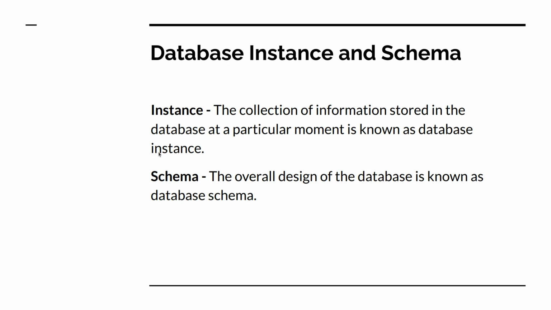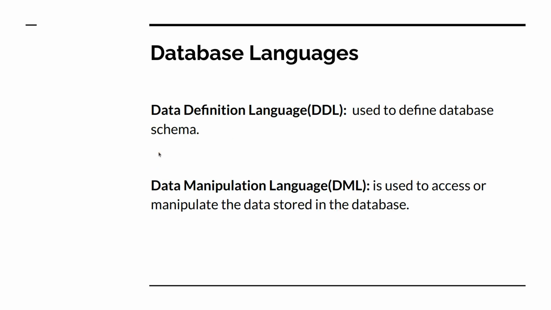Now, as the last thing for this lecture, let's discuss the database languages. Databases support two types of languages. One is the data definition language, called DDL. It is used to define the database schema. It is also used to define the attribute types, like what should be the type of an attribute: integer, string, text, array, and so on.